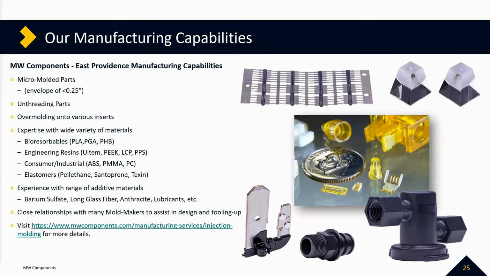Usually a customer will come to us with their material spec'd out, but recently, as of late, we've been getting a lot of requests for general purpose nylons, general purpose ABSs. We can kind of go out with that. But of course, there's a wide variety of materials that we've personally had experience with here, with bioresorbables, engineering resins like polyimides, Ultem, PEEK, LCP, polyphenylene sulfone, consumer and industrial grade resins like ABS, PMMA, polypropylene, polycarbonate, and we've done a good amount of elastomers as well.